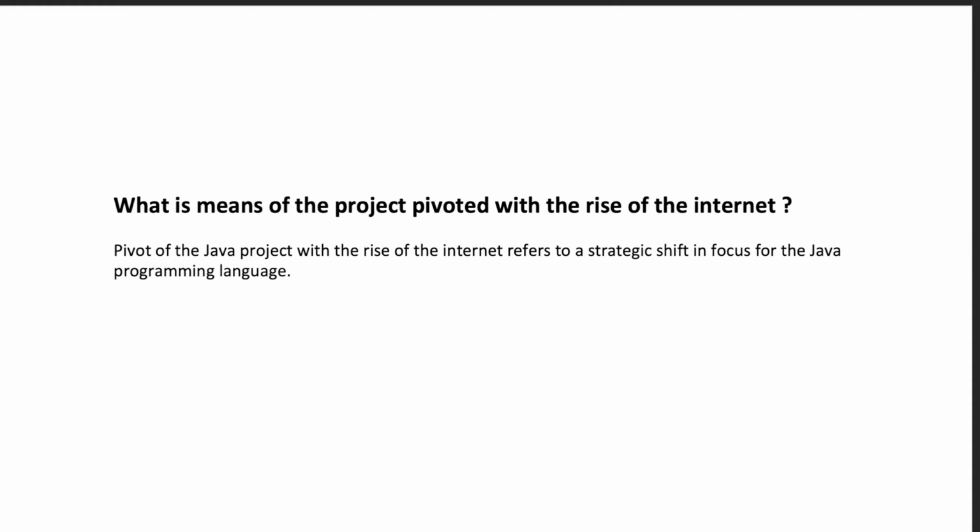This strategic shift aligned Java with the rapidly growing internet landscape, establishing it as a versatile and widely adopted language for developing various web-based solutions, and contributing significantly to its widespread adoption and success.